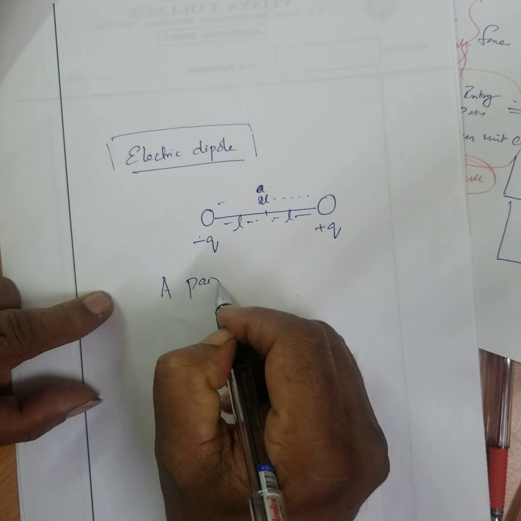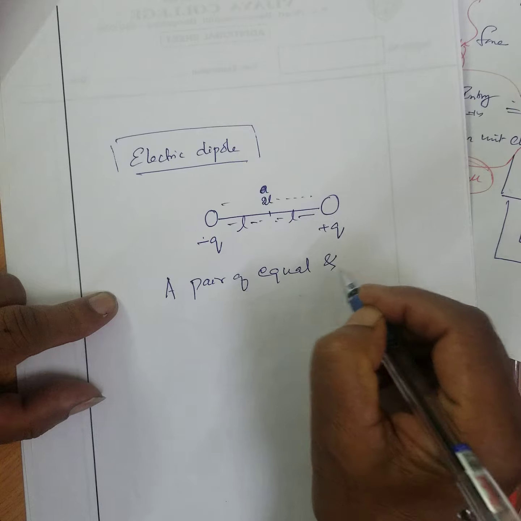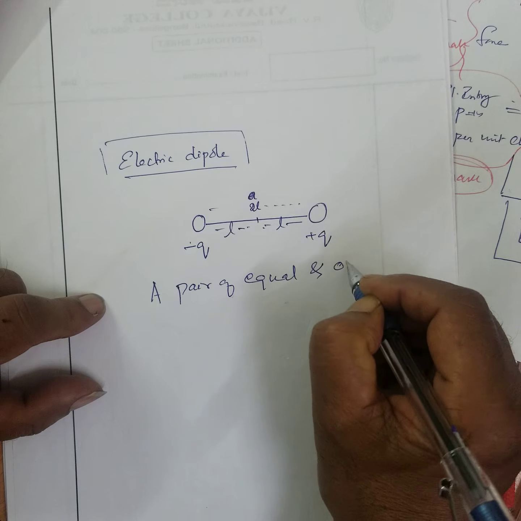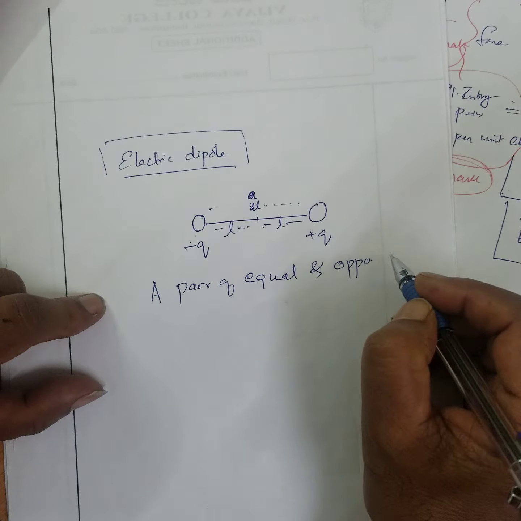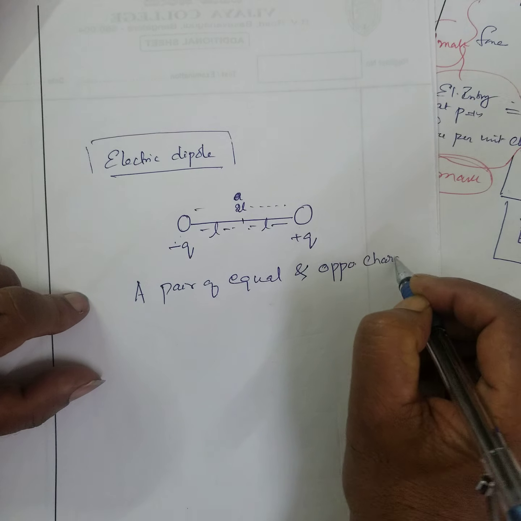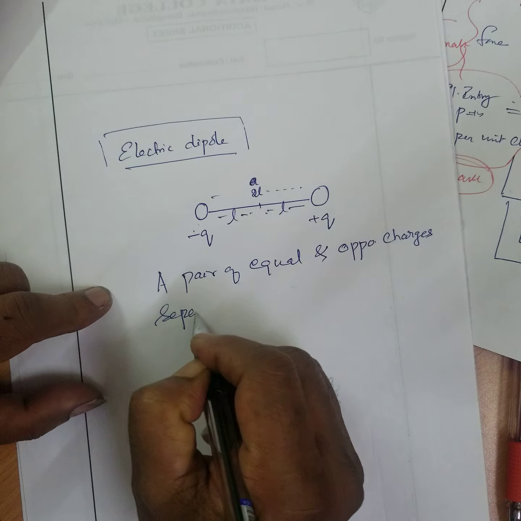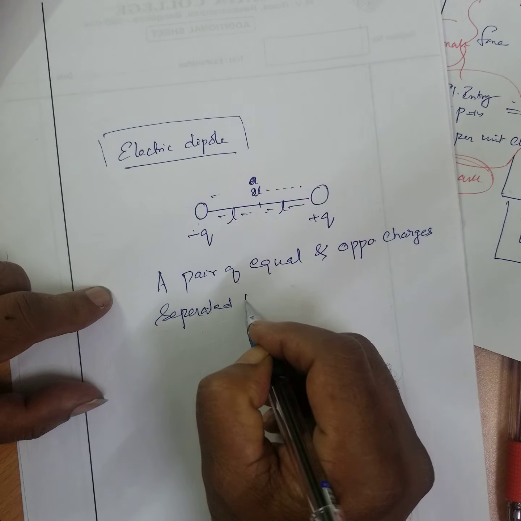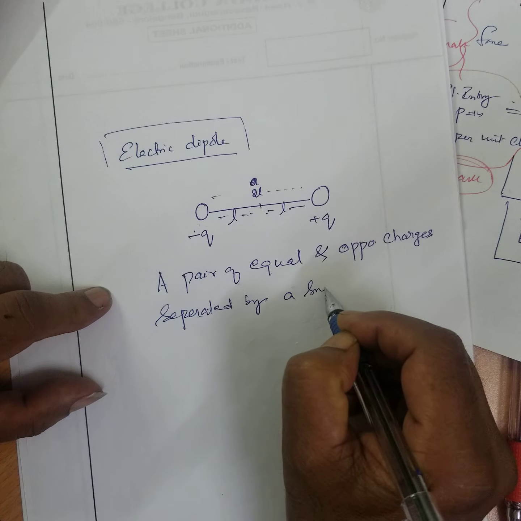A pair of equal and opposite charges separated by a small distance.